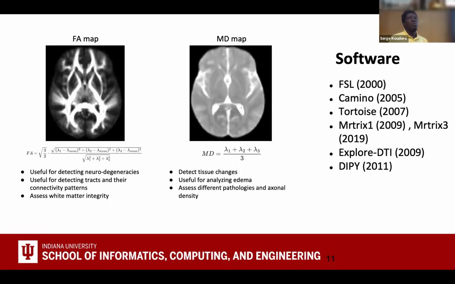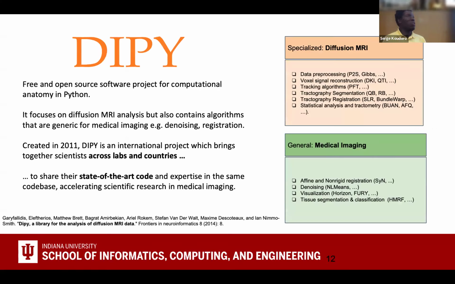So all this frustration made a group of researchers decide to create a new toolbox with an open philosophy. They chose Python back then, because at the time Python was growing and already had this philosophy of making everything open. And this is where the core values of DIPY appear.